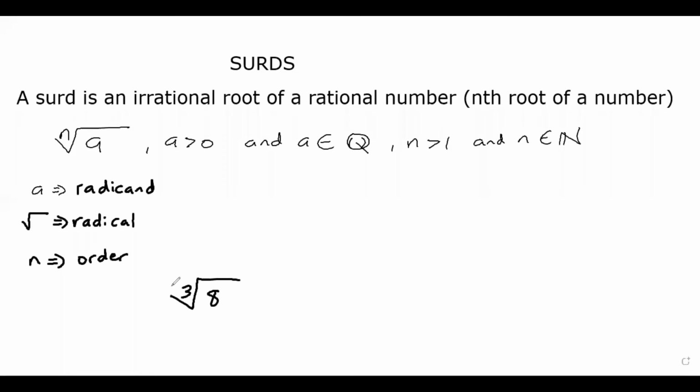So let's say we have 3 root 8, meaning the cube root of 8. Now, the order of this would be 3. So the number that falls here is the order. So the order is 3, and the radicand is 8, which is this here.